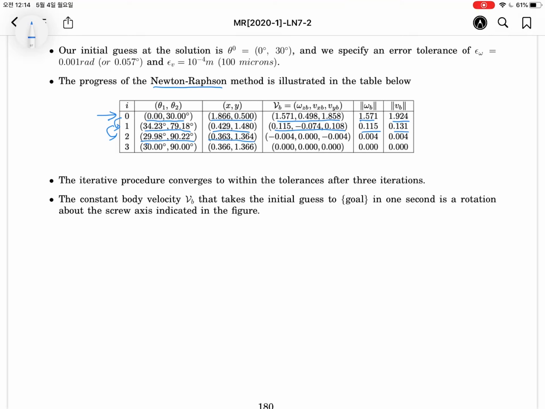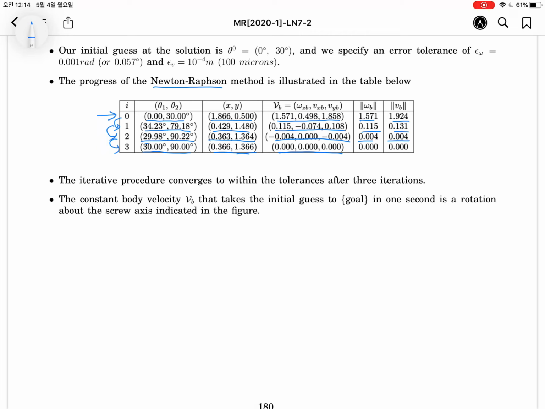Then it approaches the final value very fast. At the end point, a very small omega and v are obtained. Anyway, it is big compared to the threshold, so we will apply one more. At that time, we have the exact value, the exact inverse kinematic solution.